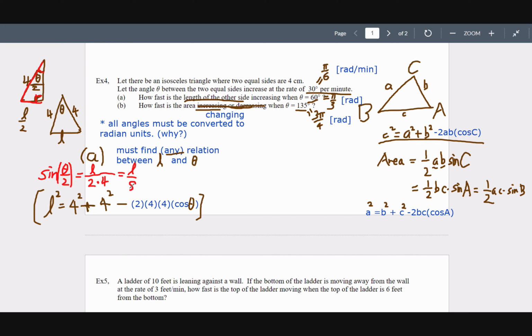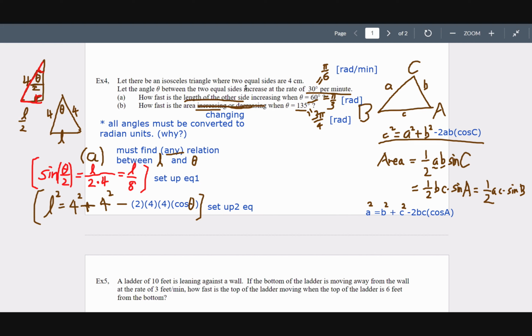Now this can be the equation right here. This is also an equation which relates the L and the theta. So let me call this setup 2 equation.